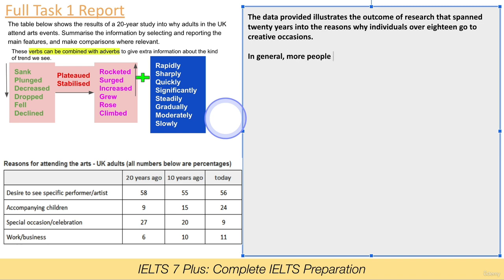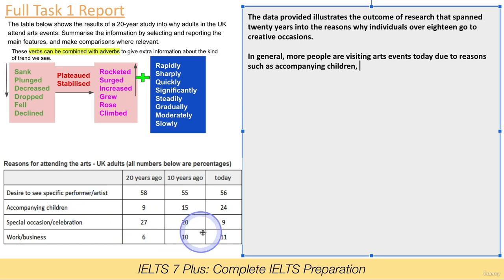More people are visiting arts events today due to reasons such as accompanying children, and then we could talk about maybe reasons today that are less common, such as a special occasion.